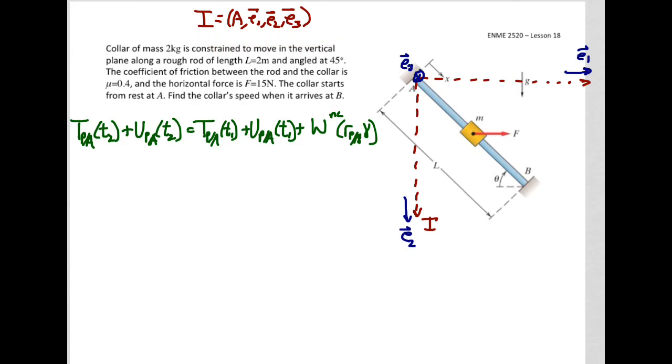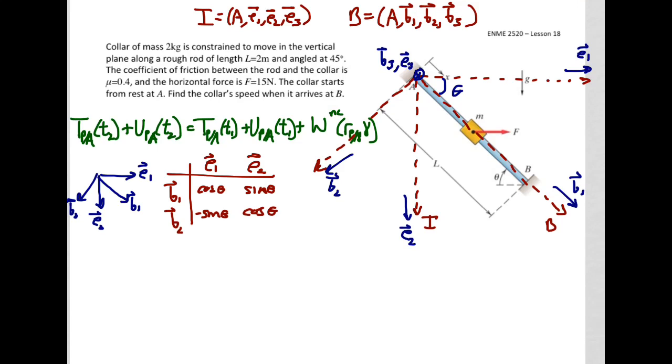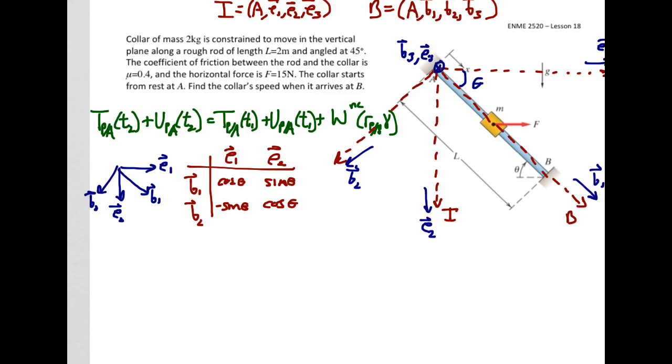And then we'll apply another reference frame, which is also an inertial reference frame, reference frame B, which has an origin at A, and then we have B1 pointing down the rod, B2 orthogonal to this, and it's rotated from reference frame I by an angle of theta. And we have our transformation table here that relates these two reference frames with each other.